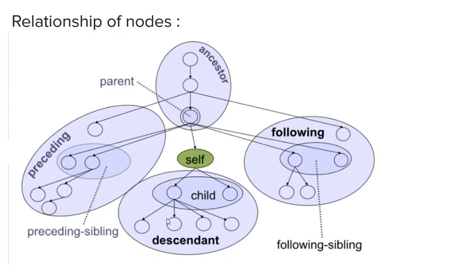Children and their children all come under descendant nodes. Elements which come after the context node, excluding the descendants, are following nodes. Elements which come before the context node, excluding the ancestors, are known as preceding nodes. Following sibling nodes are at the same level, have the same parent, and come after the context node. Nodes which come before the context node and have the same parent are preceding sibling nodes.